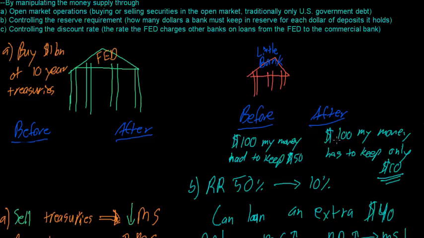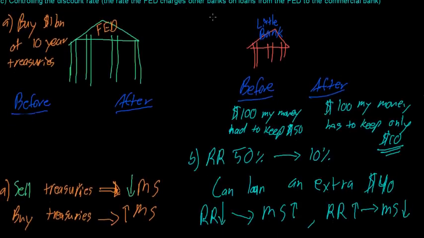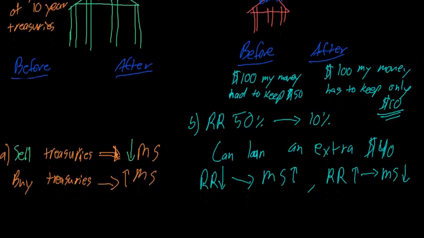Okay, so the last one is the discount rate. And that's the rate that the Fed charges other banks on loans from the Fed. So it's literally the interest rate that the Fed charges on its loans. And so I'm not going to do a diagram for this, but I'm just going to talk about it a little bit.